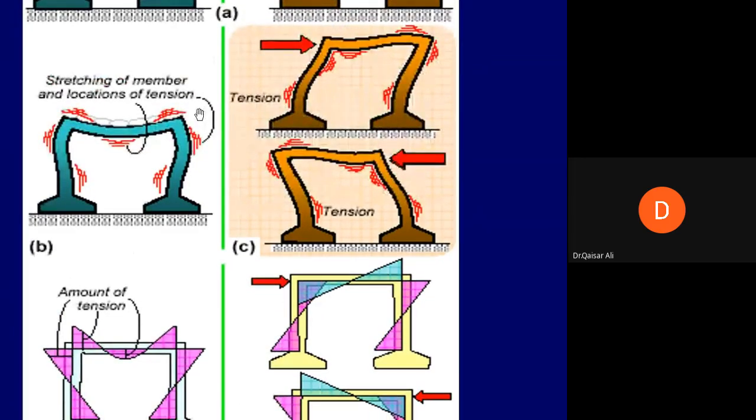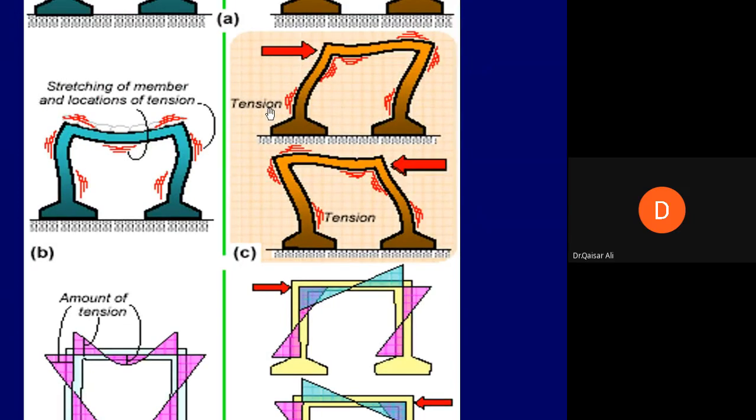So finally, we can conclude that earthquake loads or earthquake forces will produce additional bending moments at the ends of the beams.